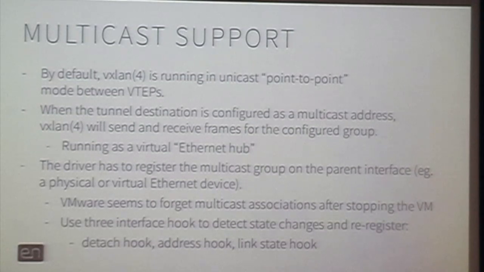So you have your VXLAN interface, and then the actual tunnel traffic is sent out of your em0 or vmx1. So for multicast, the tricky part is, when the address is registered in the kernel, you have to also register the multicast address on the underlying parent interface, like em0.